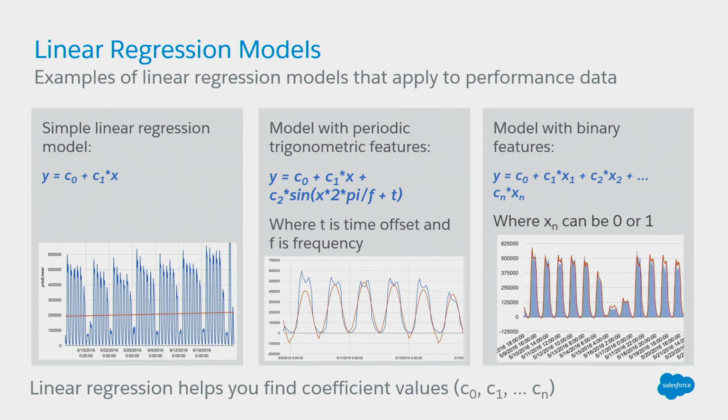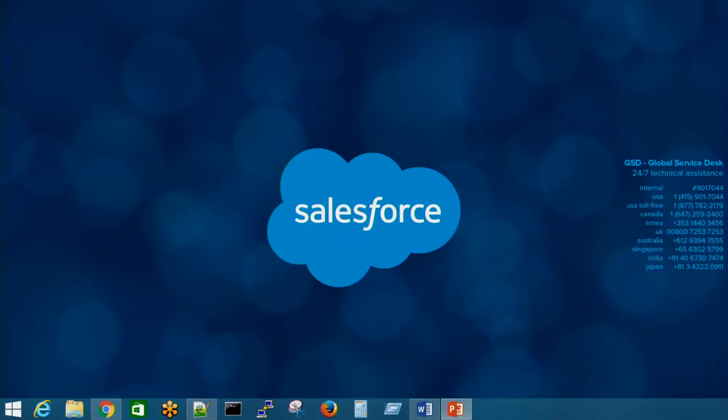But when we apply binary features that we discussed just on the previous slide, in that case, we see that we have a pretty good fit with the training data. So in the next part of the demo summary, we'll present all these models and show you how well your model fits the training data.